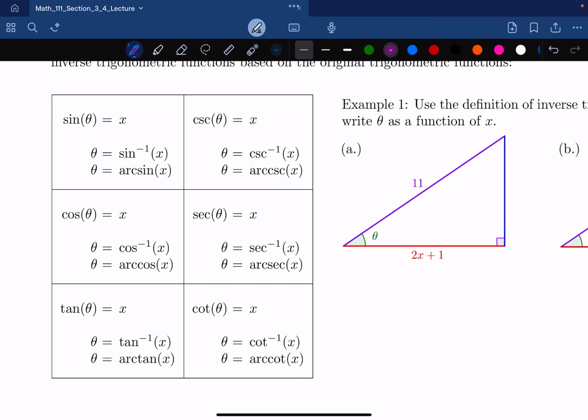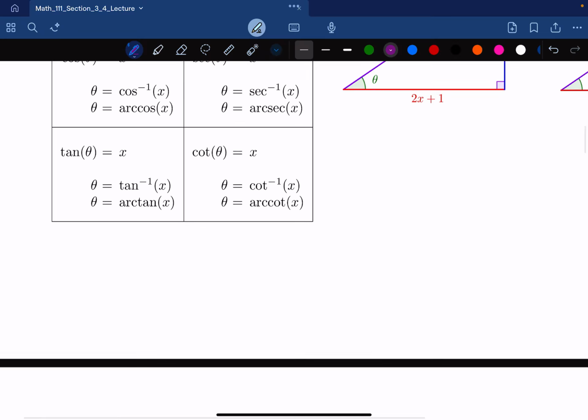The pros and cons of these: the arc notation is the one that is simple, but the con is that it is so long. Arc sine is at this point a whole word. The pro, in some sense, is that it reminds you of what's happening. It's working with an arc. I'll mention that in just a second. On the other hand, this inverse notation is potentially a little misleading, and the reason is a notation we've seen already, where we have, say, sine square x.